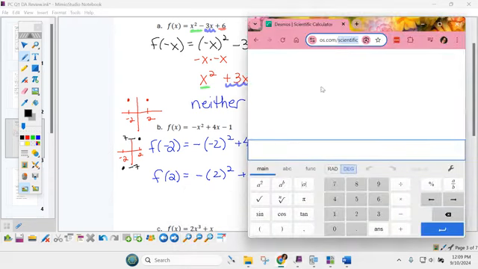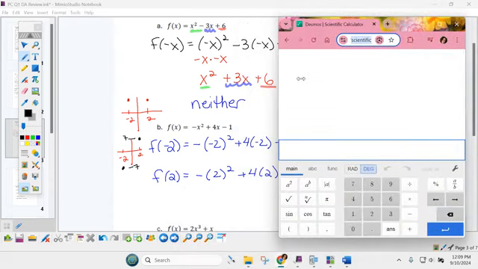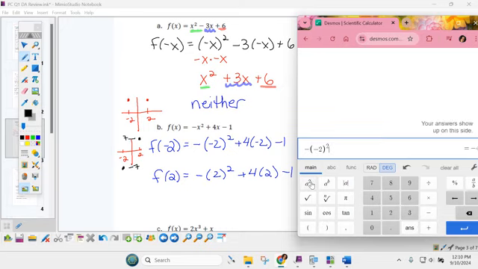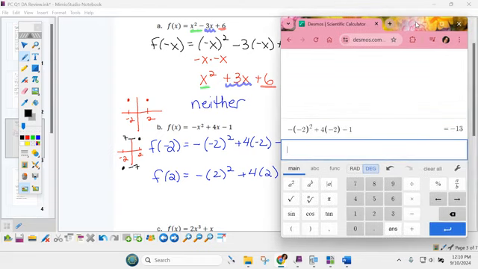So let's pull up that scientific calculator, and I'm going to type exactly as I see it. So negative parenthesis, negative 2 parenthesis. This is the squared plus 4 times negative 2 minus 1. Oh, sorry, that's negative 13.